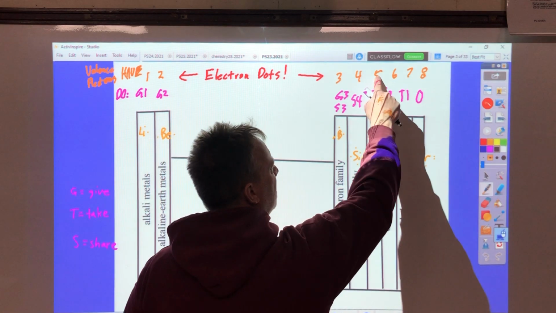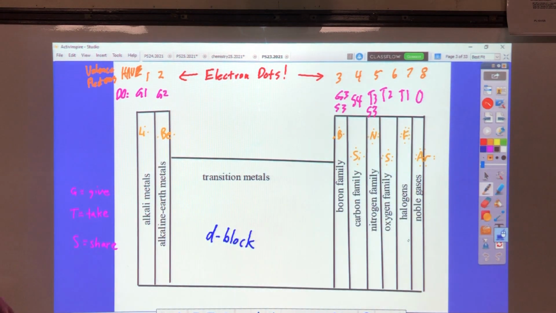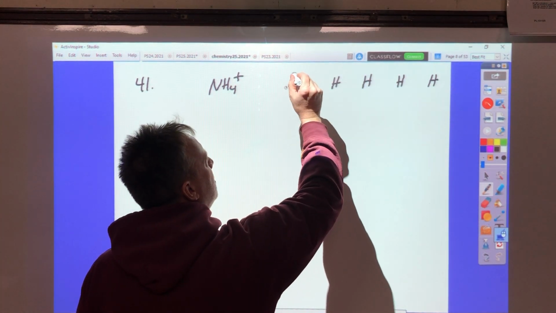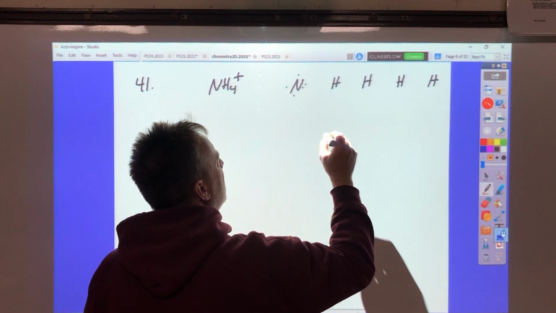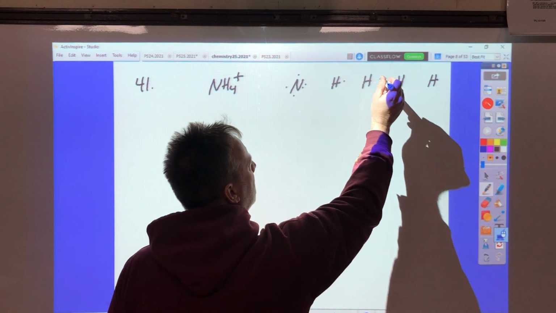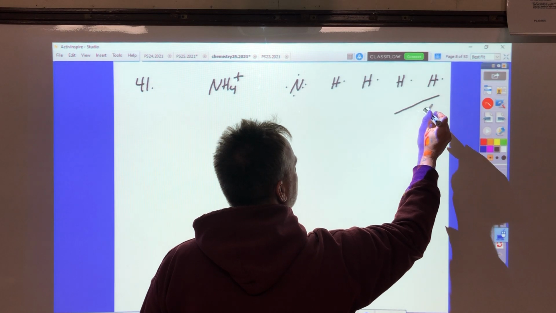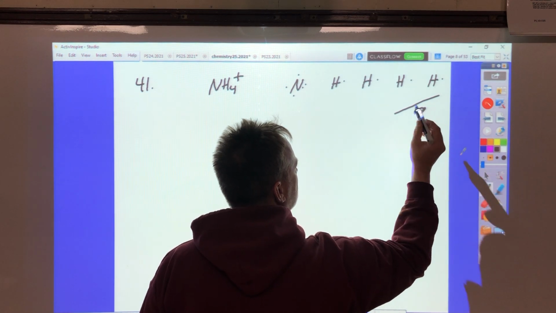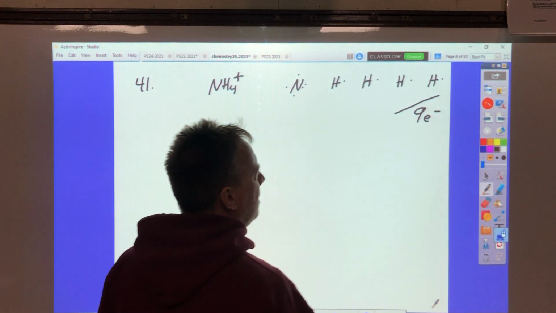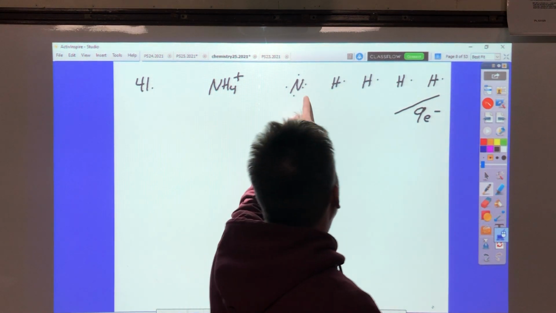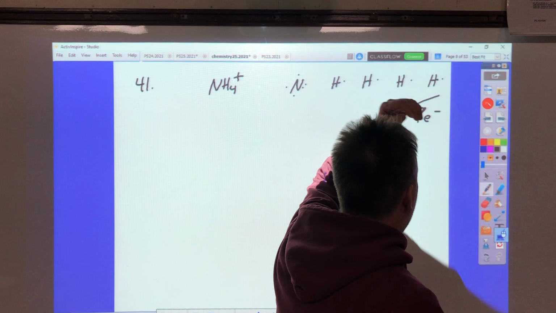There's nitrogen right there, 5 valence electrons. 1, 2, 3, 4, 5. Hydrogen gets 1 apiece. 1, 1, 1, 1. Add them up. That's 9 electrons.